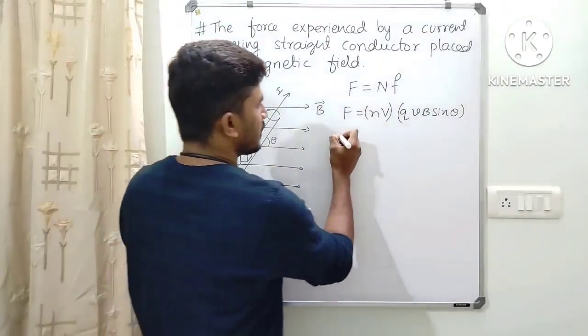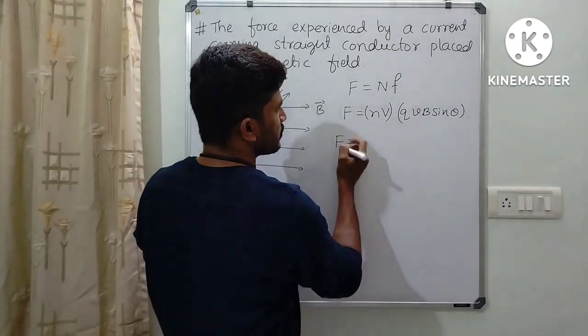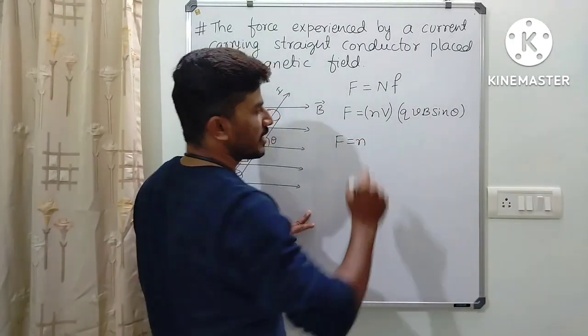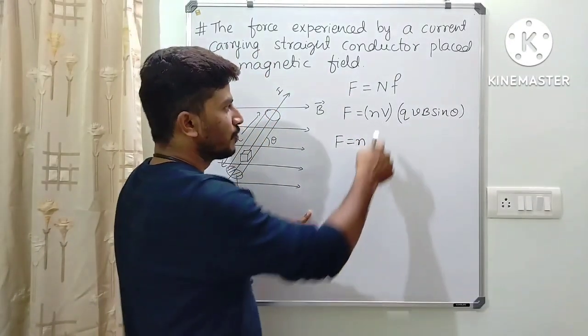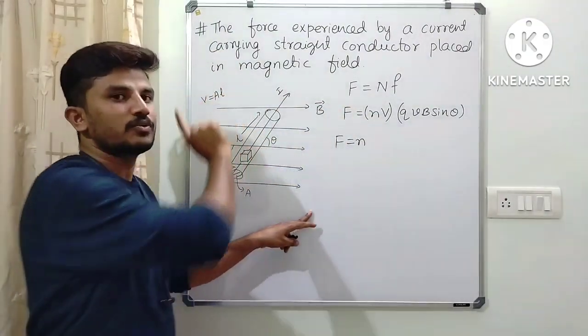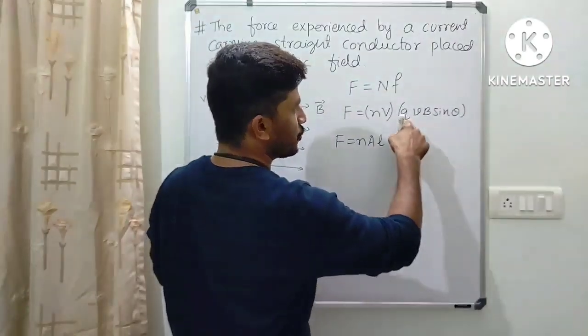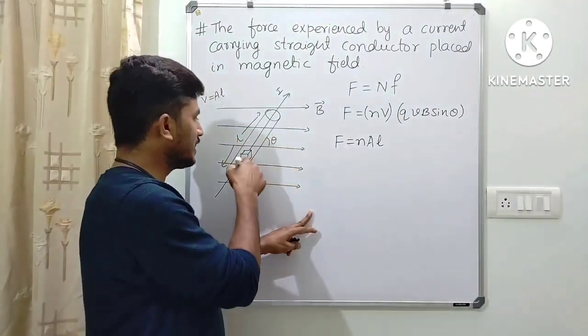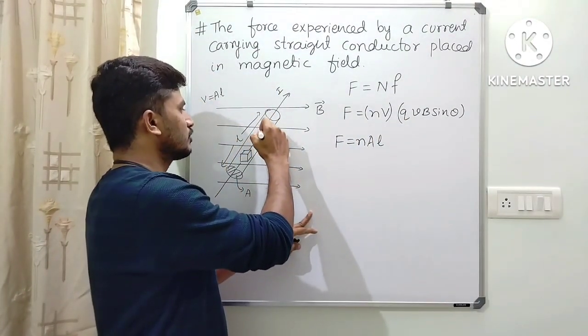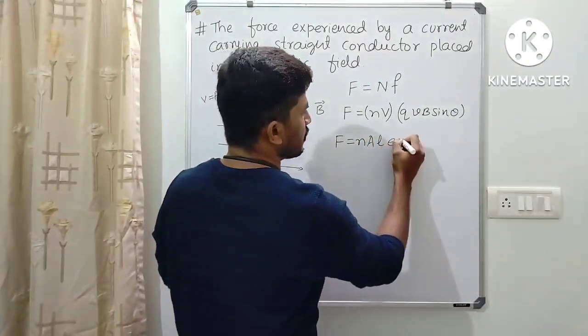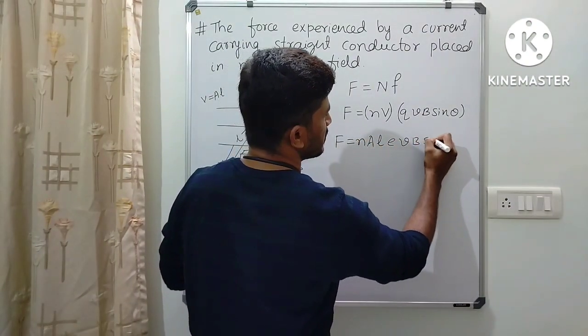Now simplifying this further gives N as it is. What is V? V is the volume that is given by A into L. Let me write AL. And Q, if I consider a small charge E flowing through it, the Q value will be E V B sin theta.